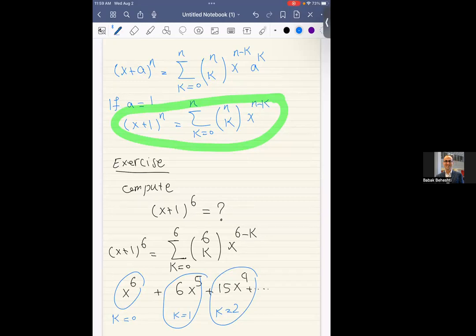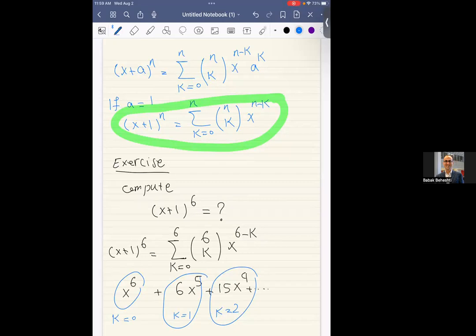Where did you get x to the power of 6 the first time? Because I told you that 6 choose 0 is 1. In general, anything choose 0 is 1. But why is it x to the power of 6?